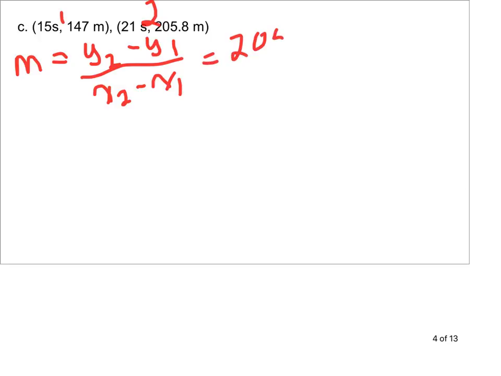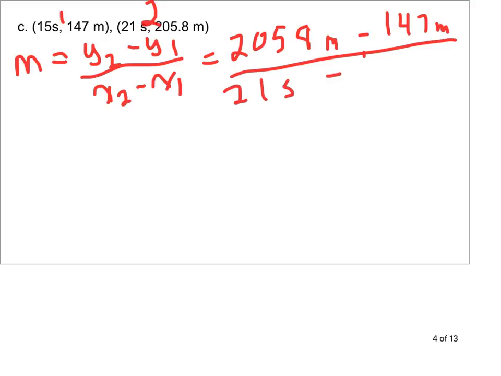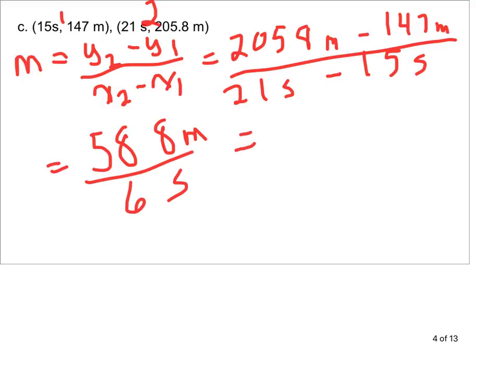So I got 205.8 meters minus 147 meters divided by 21 seconds minus 15 seconds equals, it's like 58.8, subtracting the first one, and divide by 6 seconds. 58.8 on the calculator divided by 6 equals like 9.8.